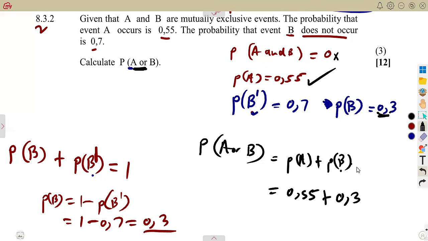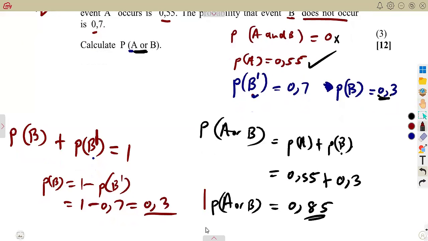If you wanted to use the formula with minus the probability of A and B, you can, but for mutually exclusive events it's a 0, so there's nothing. If you understand it that way, guys, it's up to you. You can write it that way. Still, you're going to have the same answer, which is 0.85. So that is the probability of A or B that we are being asked there.